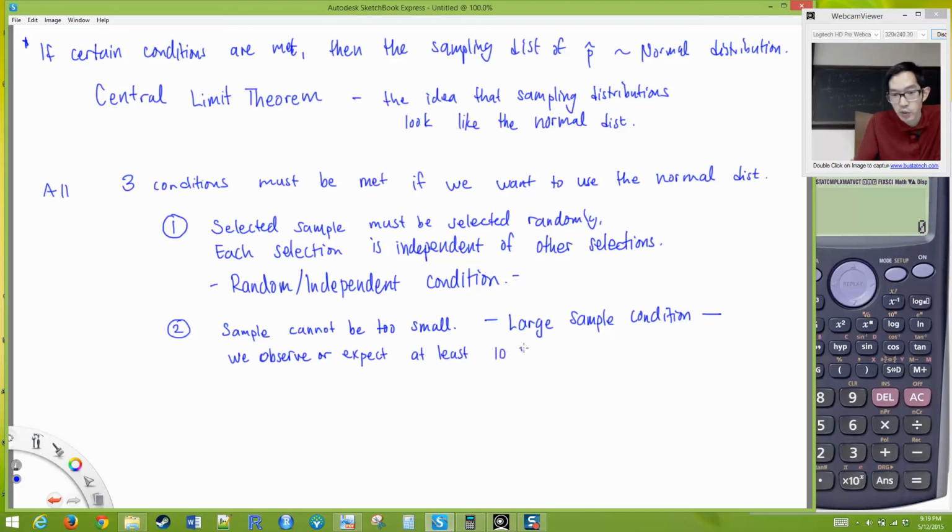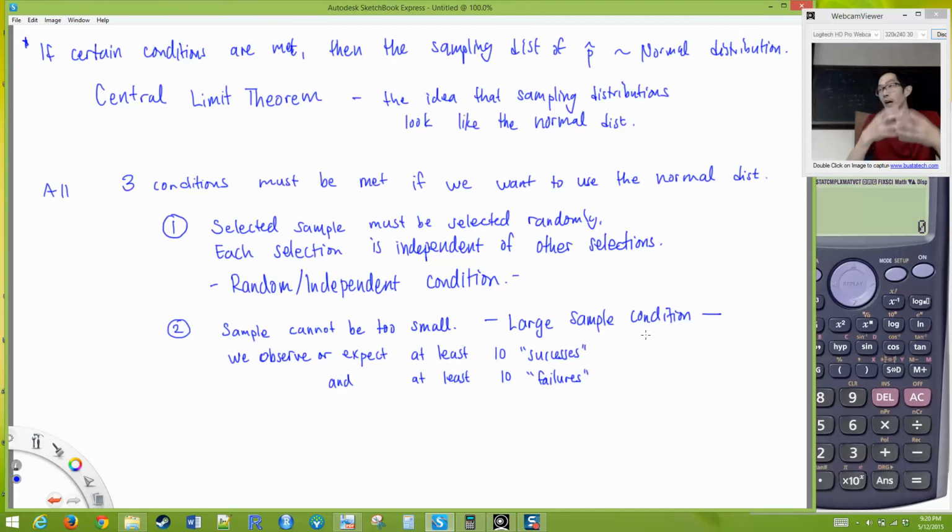This is an arbitrary label that we apply, and at least 10 quote-unquote failures. So the label success and failure, again, just means it is an arbitrary label, and what it really should be is we expect things to happen, whatever it is, to happen at least 10 times, and also to not happen at least 10 times.